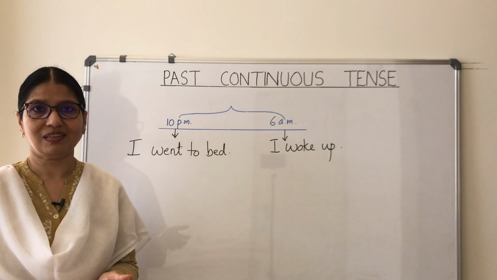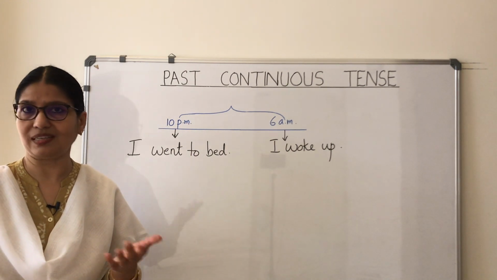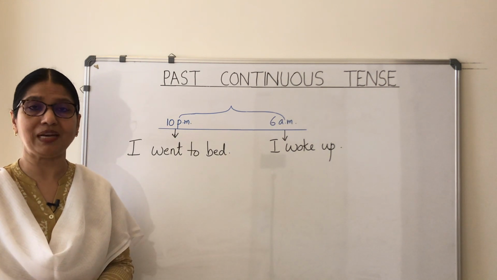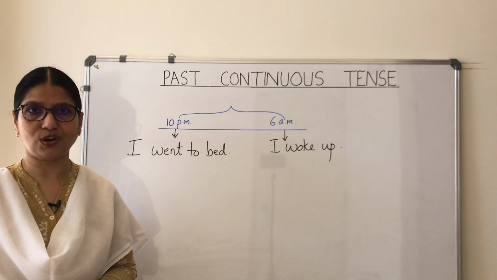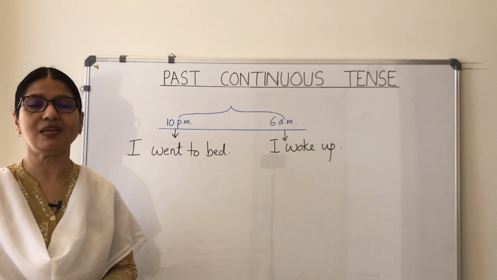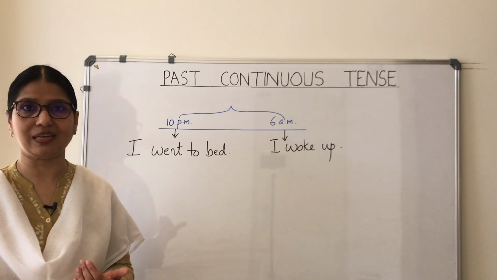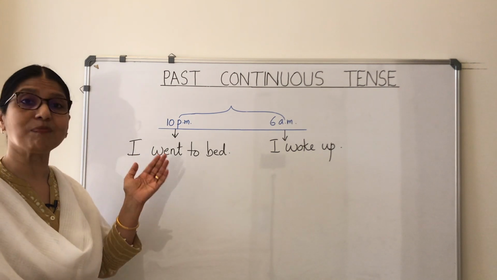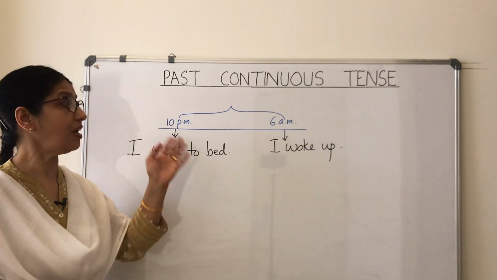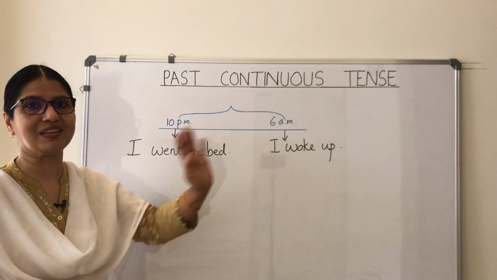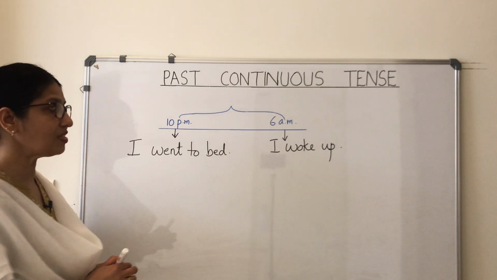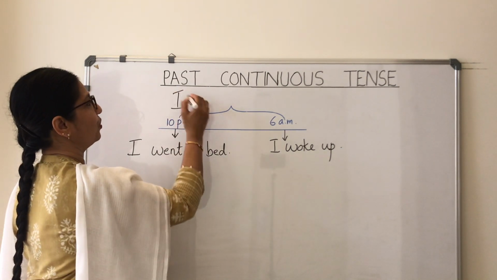But imagine you tried to call me on the phone at maybe 11 p.m., 11 at night, and I didn't answer your call. And today you are asking me, I tried to call you, but you didn't answer. What were you doing then? And then I will reply, at 11, I was sleeping. Let me write it here for you.